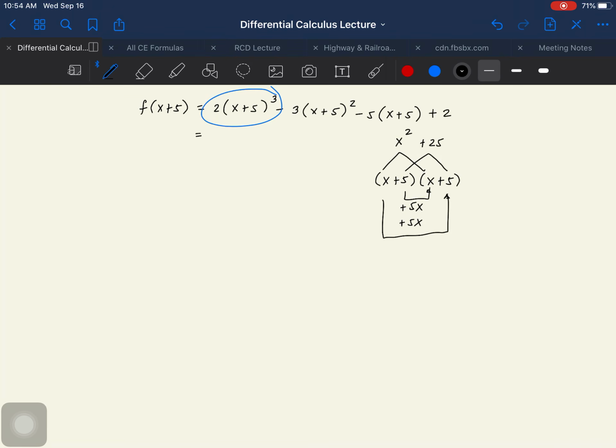So what happens? You bring down the one on your leftmost roof, x squared. You do some summation here since they're both positive. So this is plus 10x. That's from the middle.